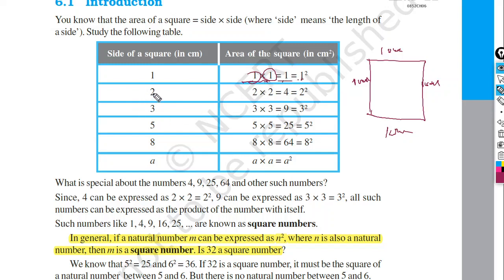Similarly, if the side of a square is 2 centimeters, then the area will be 2 into 2, which is 4, or in other words, 2 square.